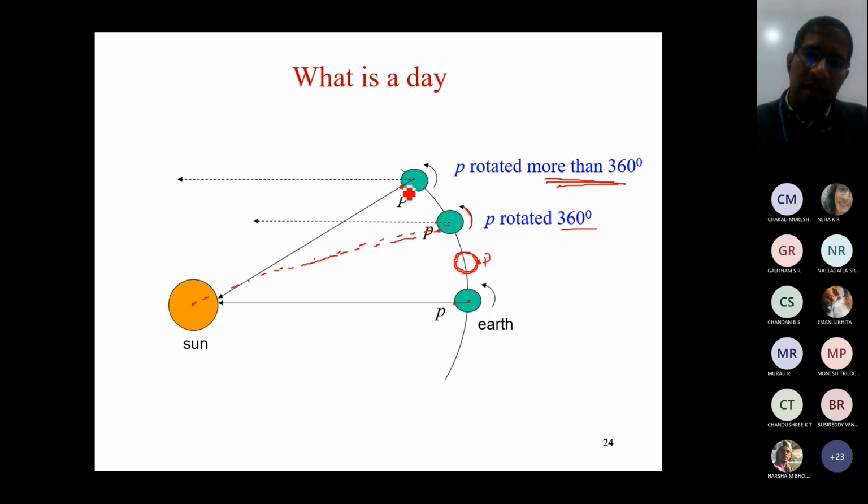Next day noon is happening at this point. That means in that case, your Earth is moving more than 360 degrees, not exactly 360 degrees. So one rotation does not mean a day. A day is more than one rotation.